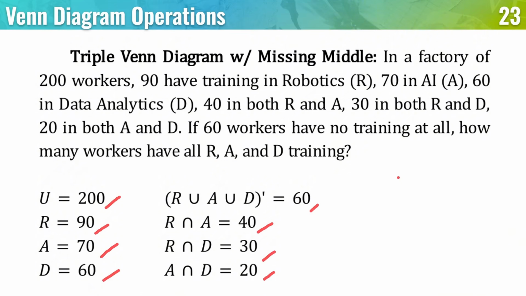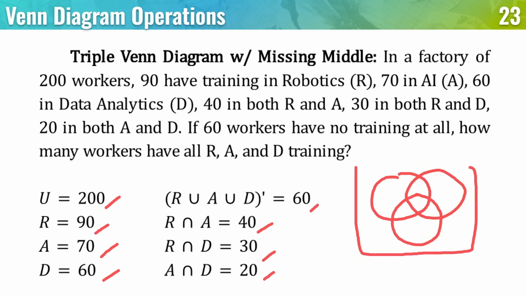So let's represent that. We start with the Venn diagram and the box. We know that U is equal to 200. And the complement, or everything that is not in R, A, or D, is 60.